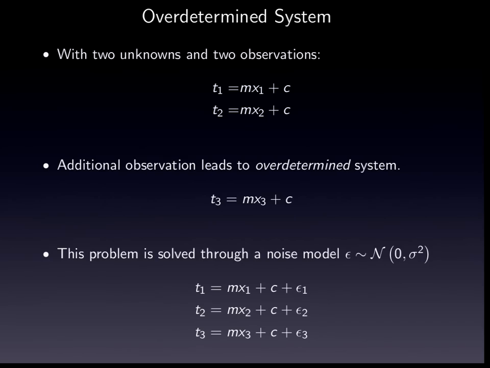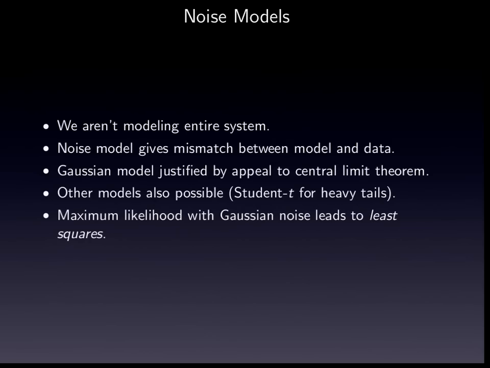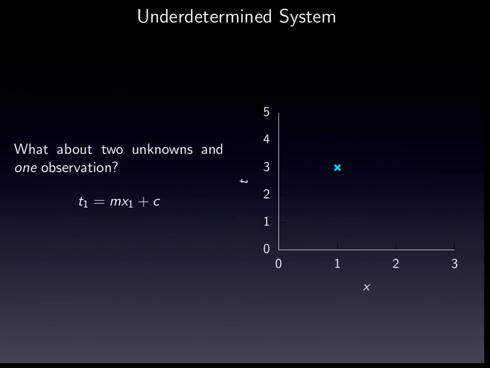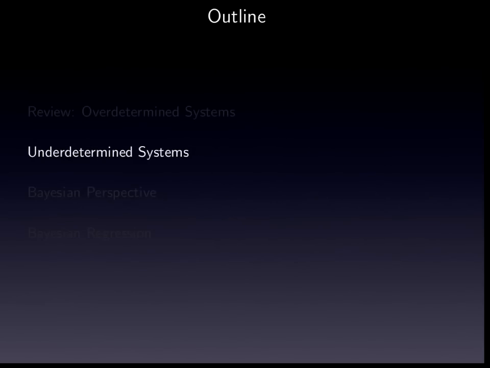That's how we motivated least squares. We did maximum likelihood in this model. That's in effect what we've done so far. The noise model is there because we're accepting that, with our linear model, we're not modeling the entire system. The noise model gives us this mismatch between what we observe and the data.